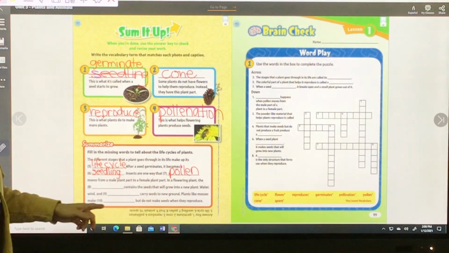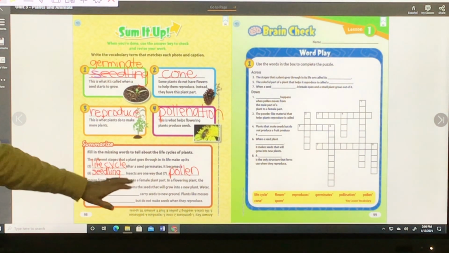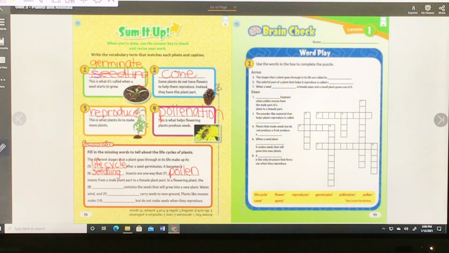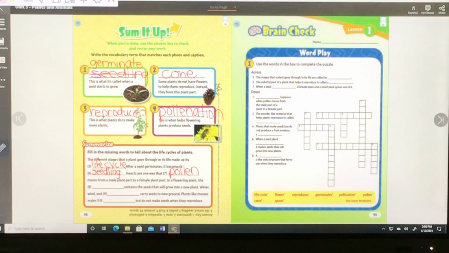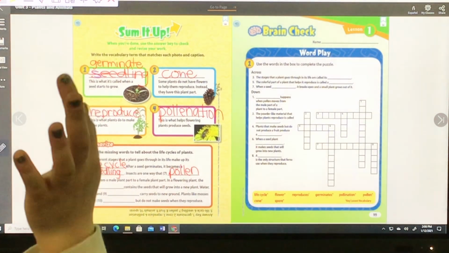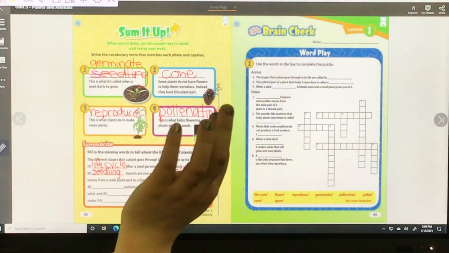In a flowering plant, the what contains the seeds that will grow into a new plant? If you're not sure, you can look back. What part contains the seeds that will grow into a new plant? Connor? Fruit. Yes.